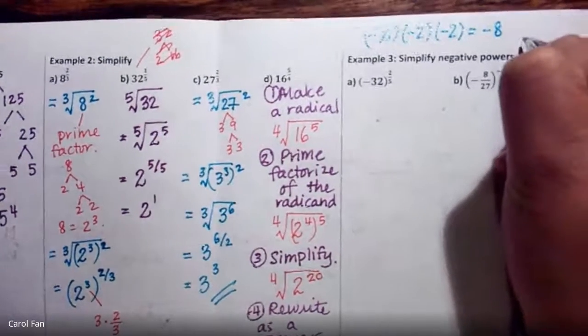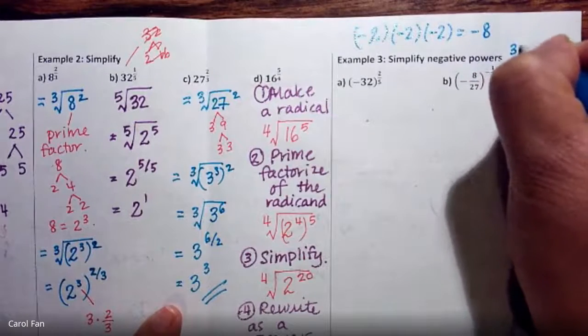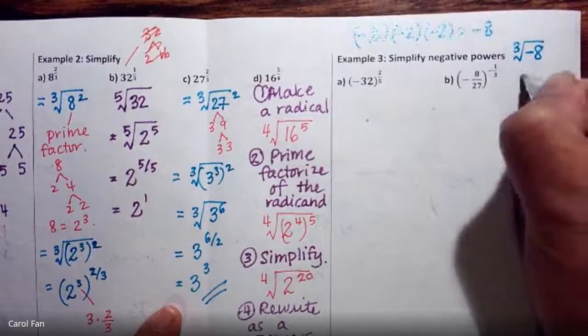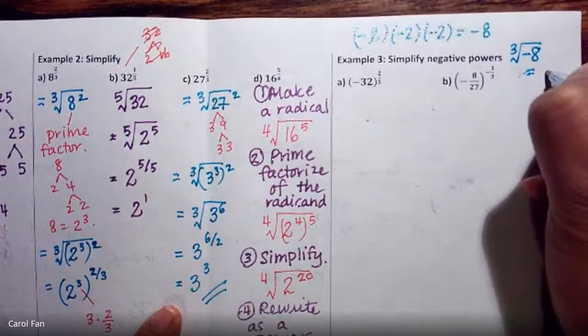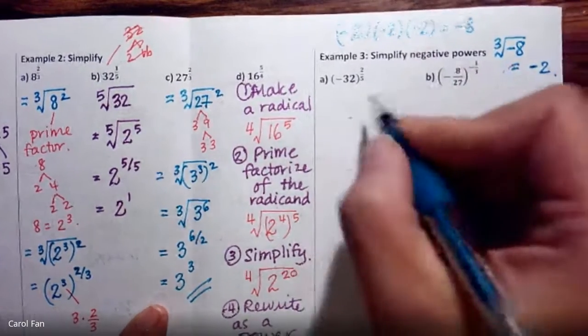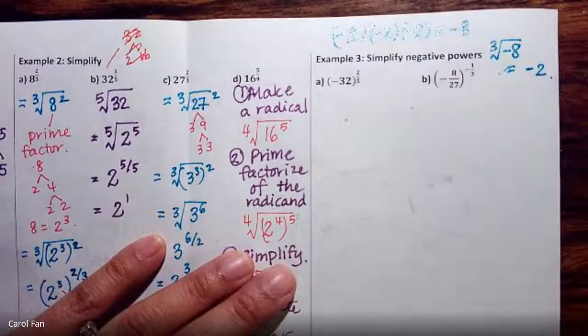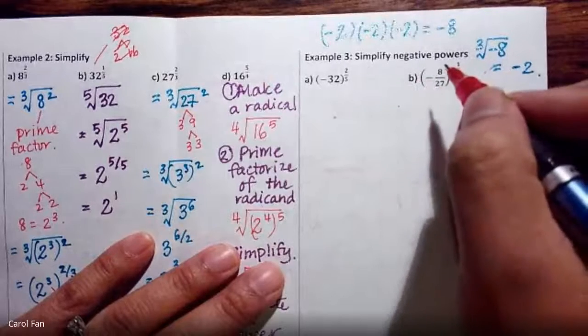So we could also say that if I took the cube root of -8, this is equal to -2. All right, let's do some examples to see how this works out.